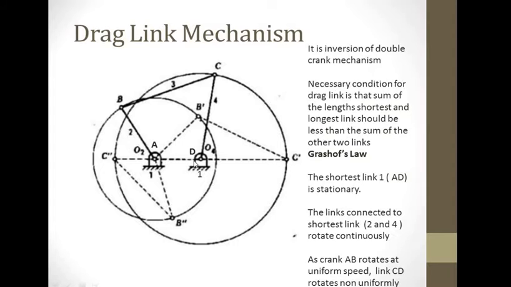The links connected to it, link number 2 and link number 4, rotate continuously. As the crank AB rotates with a uniform speed, the link CD rotates with a non-uniform speed. So AB is the driver and CD is the driven link.